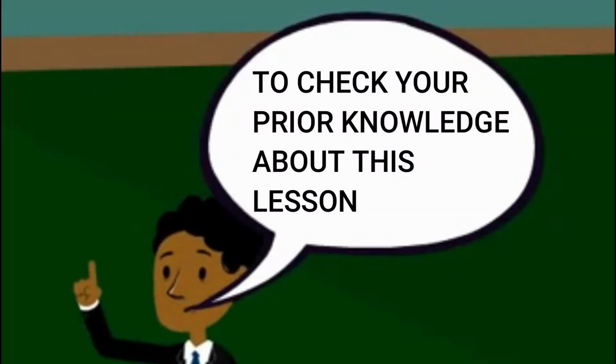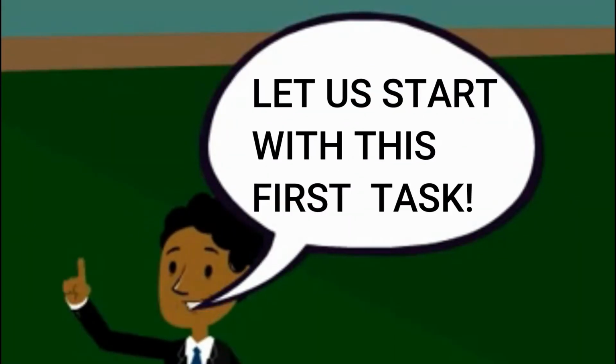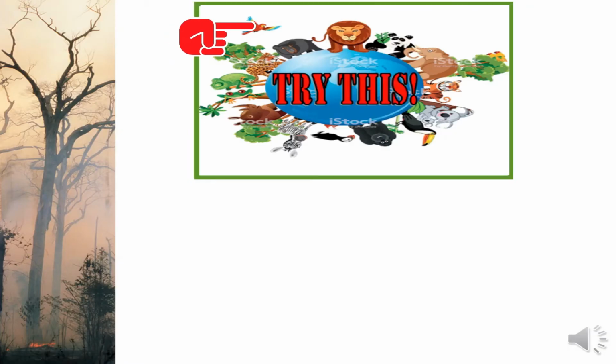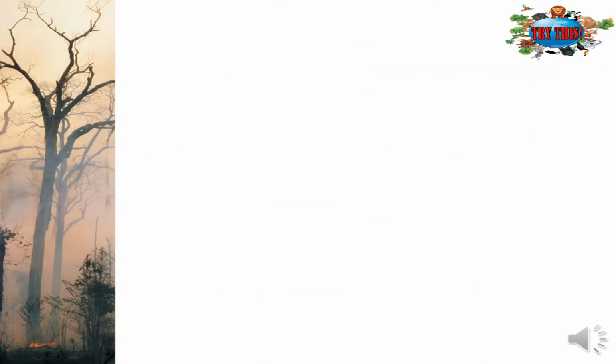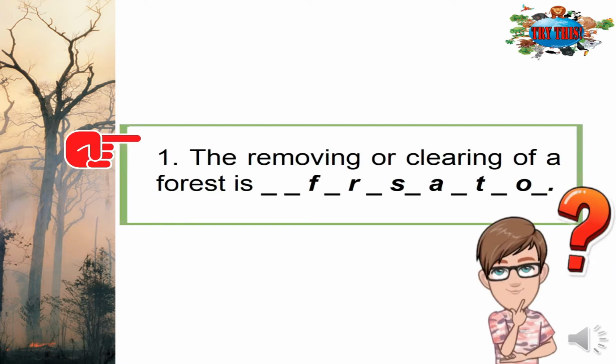To check your prior knowledge about this lesson, let us start with this first task, the Try This. For the direction, write the missing letters on the space provided to complete the sentence. Number 1. The removing or clearing of forest is blank.